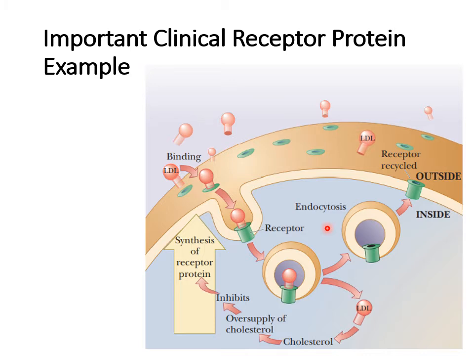And what that does, as you're going to see later on, is increase your risk of heart attack. Okay, so receptors can be very important in terms of proper function of your cells and of your body.